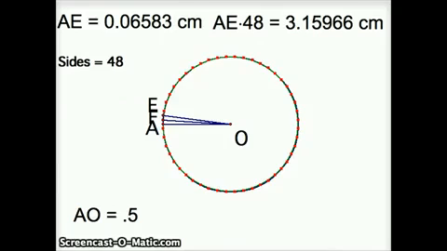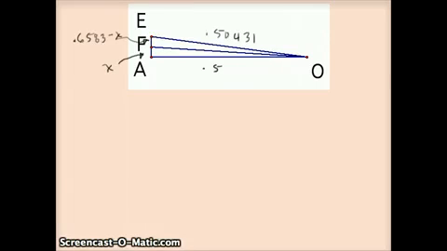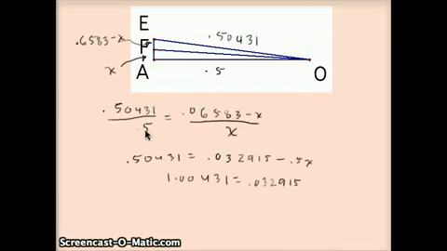Knowing those three sides enables us to calculate this tiny length AF, which I'm going to do on the side. So here's an enlarged picture of that triangle. AE is 0.06583, so if I call AF x and FE 0.06583 minus x, the Pythagorean theorem gives me that OE is 0.50431, and now I'm going to use the angle bisector theorem. I have the proportion 0.50431 over 0.5 equals 0.06583 minus x over x.